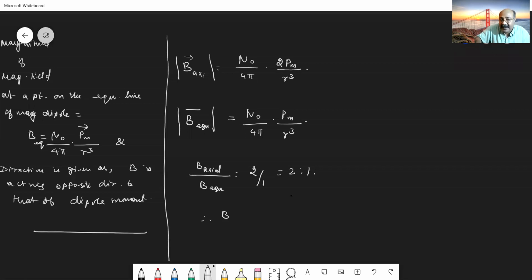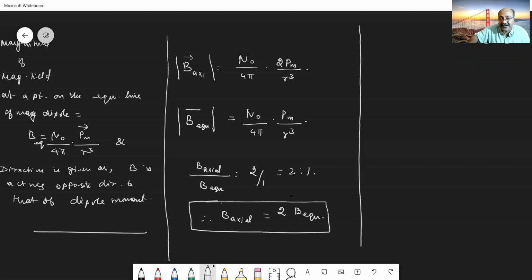Therefore, the magnetic field at a point along the axial line is equal to 2 times the magnetic field at the point along the equatorial line. This is the conclusion we have from the calculation. Hope you should have understood this concept.